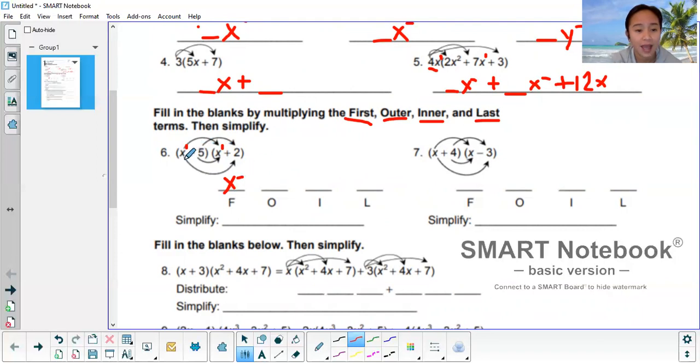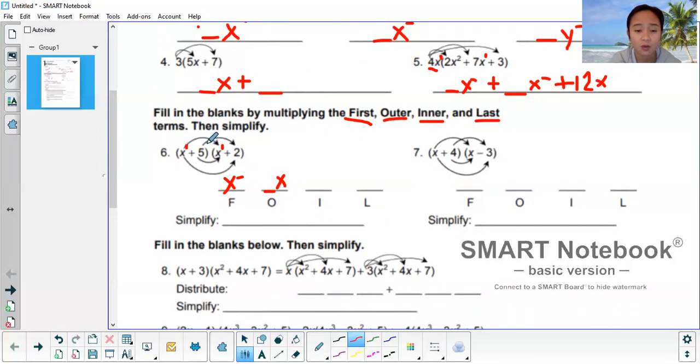Next, for the outer terms, so this is the outer term, x and 2. What's x times 2? If you're multiplying a number and a variable, you just combine them. You write the number first. So 2 times, it's like 2 times 1. So write the number first, then you write that x.